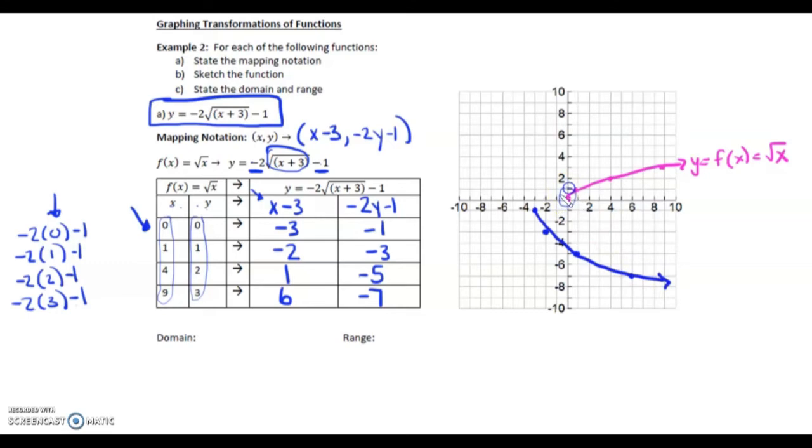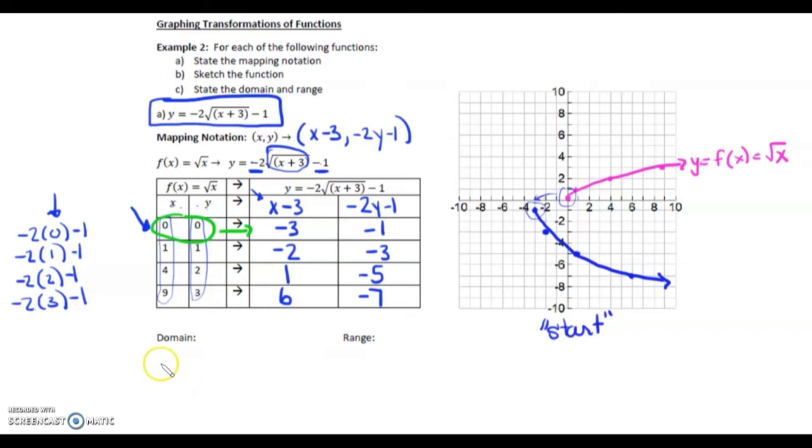Because this point here corresponds with this point here, this is going to be our, quote unquote, start of our graph. Okay, so there's no arrow on that end. And we know that those two correspond because this point here, 0, 0, corresponds to -3, -1.